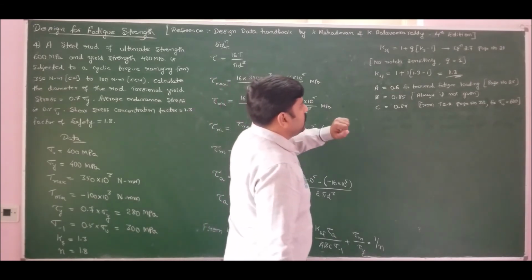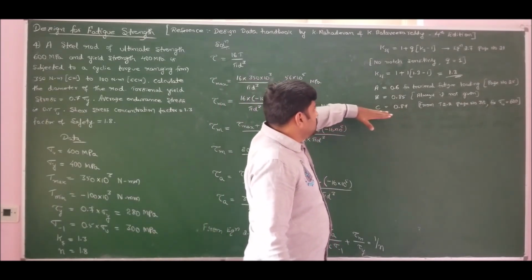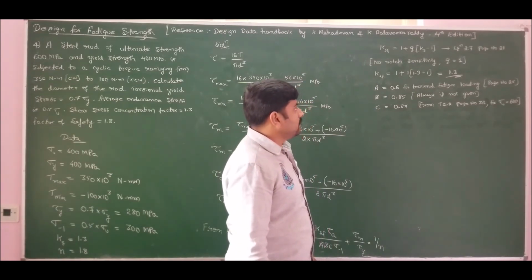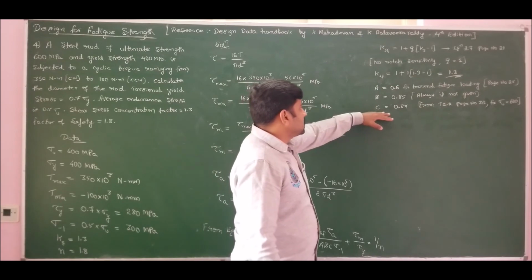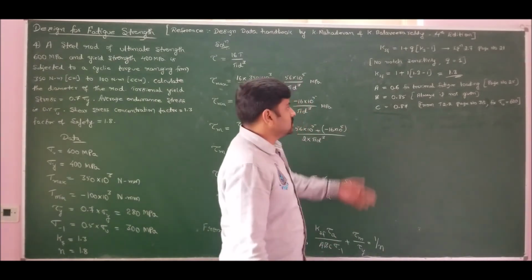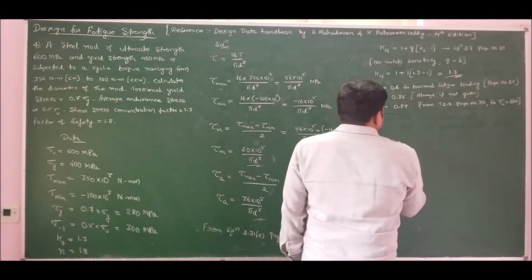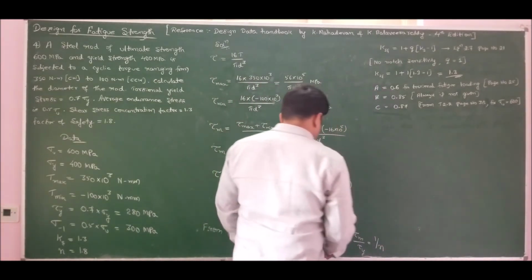Because for 520 megapascals we have the surface correction factor as 0.88, and for 620 megapascals we have the surface correction factor as 0.86. So let me take the value as 0.87. So now substitute all the values and solve for diameter.